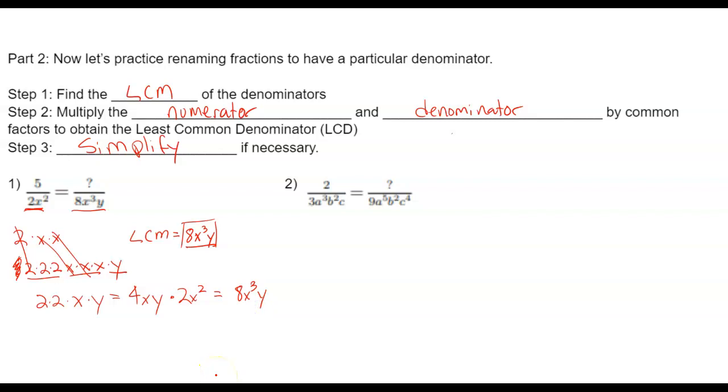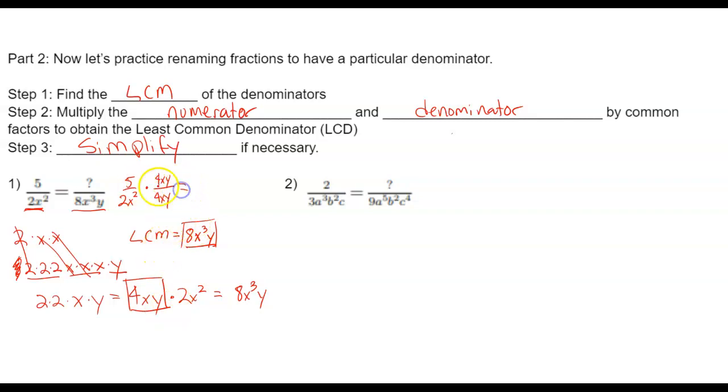Okay? So now what I'm going to do is multiply the numerator and denominator by 4xy, the thing that I need. I have to do both the numerator and the denominator because that doesn't change my expression. So now I am going to multiply 5 over 2x squared times 4xy over 4xy. They're both multiplying by the same thing because this is just a fraction that reduces to 1.